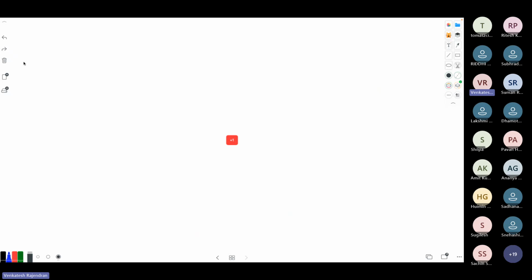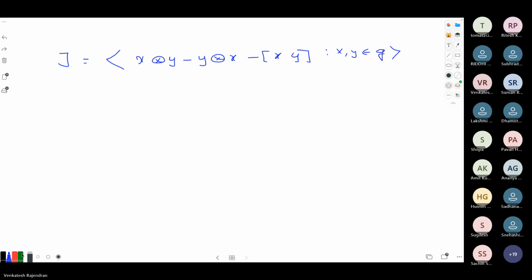First of all, the ideal that we have defined is indeed not a graded ideal. Why? Because these two terms lie in degree 2, and this is supposed to be an element of G, so this is inside degree 1. Obviously this is not a graded relation, so this is not a graded algebra.